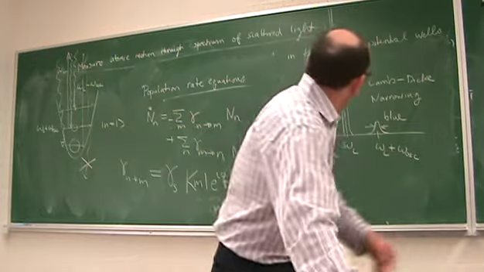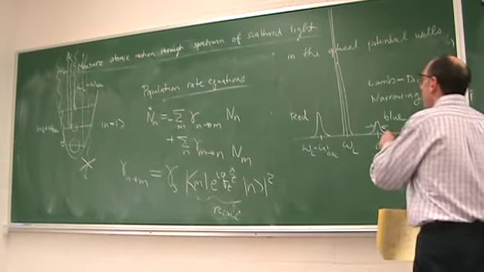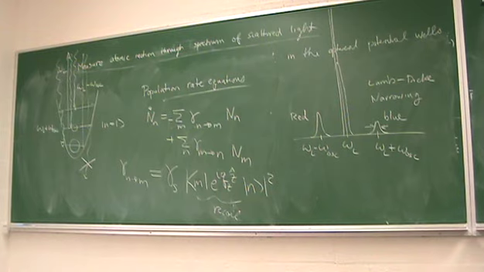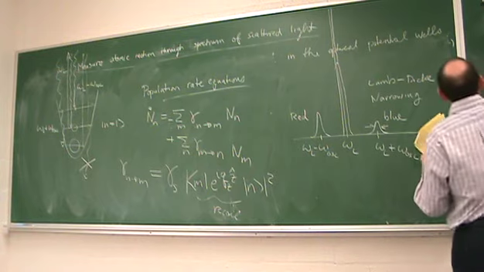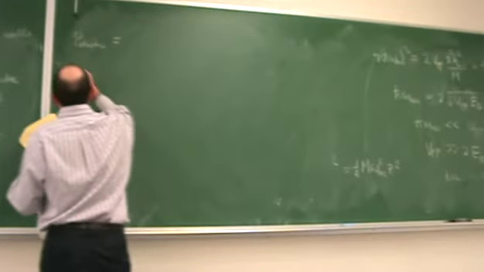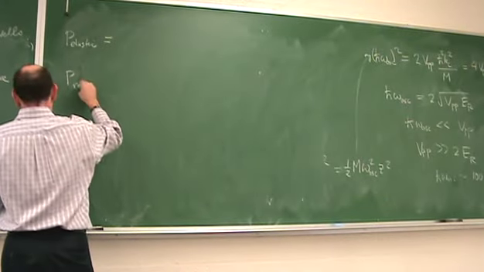Now, let's ask ourselves, what's the area under these curves? Firstly, let's think about that. That's related to the amount of power that's scattered into those different frequencies. So, we have power in the elastic peak. We have power in the first red sideband.